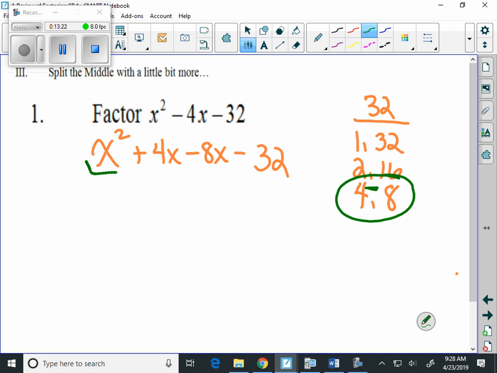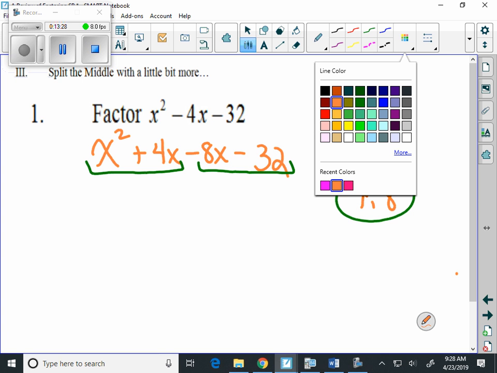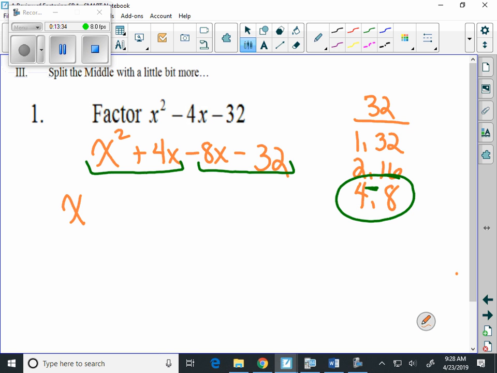And here's a group, and here's a group. The greatest common factor in that first group is the lowest exponent of x to the first. We had 2 x's, we took out 1, we're left with 1. 4x divided by x is 4.